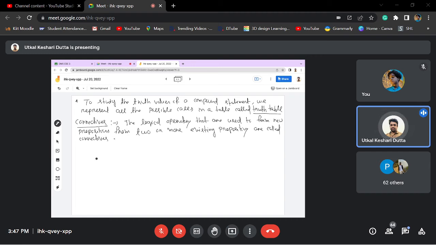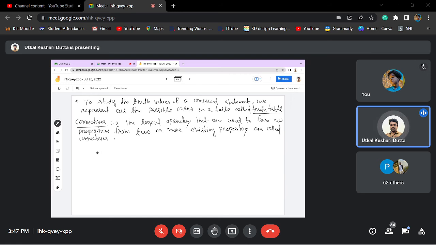Basically, when we use some operators to create a new proposition from existing propositions, these operators are called connectives in the case of propositional logic.